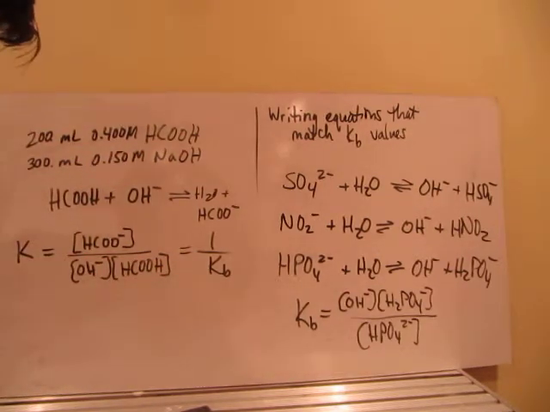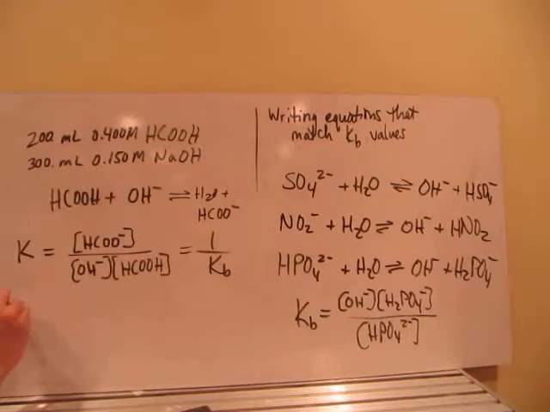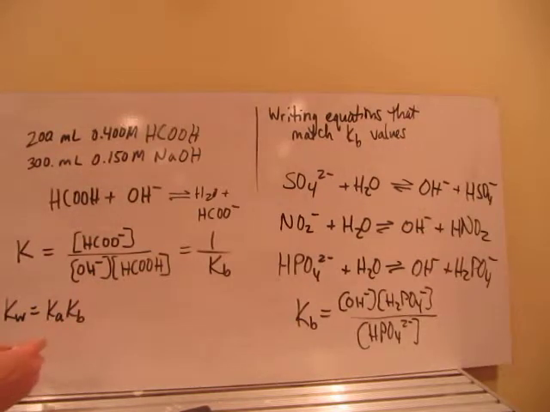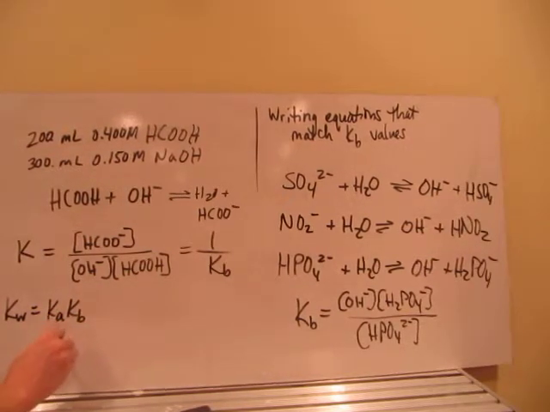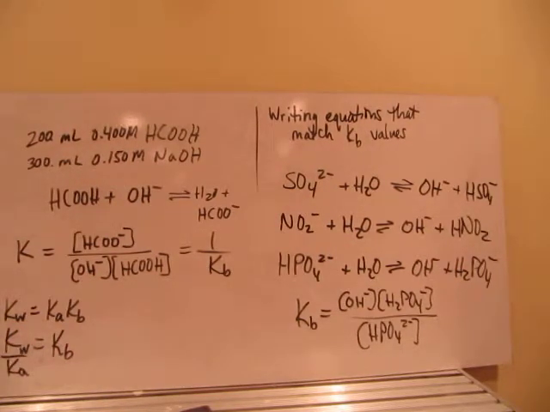Now they don't give you Kb, they give you Ka, but we do know that Kw equals Ka times Kb, so we can rearrange, and Kb equals that. So this K value is going to be this flipped.